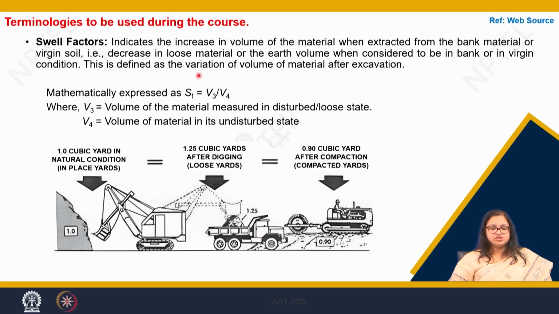It is the ratio of the volume of the material measured in the disturbed or loose state to the volume of the material in its undisturbed state. With this, we understand our swell factor will be more than 1. And when we put this material onto a ground where we compact it using a roller, with the compaction its volume decreases to 0.9 cubic yard.